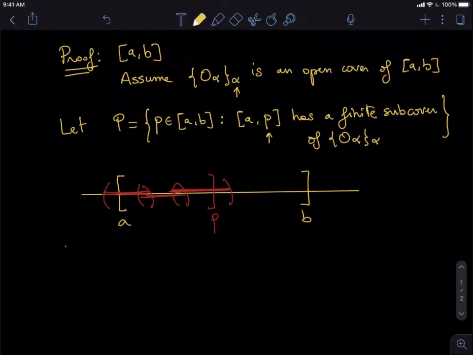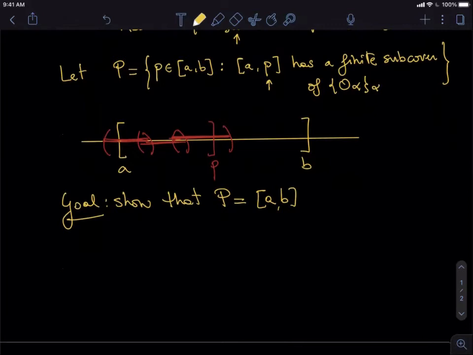Our goal here, let me state it clearly, is to show that P equals [a, b]. We are going to do this in three steps. Step number one is to show that we can start this process.